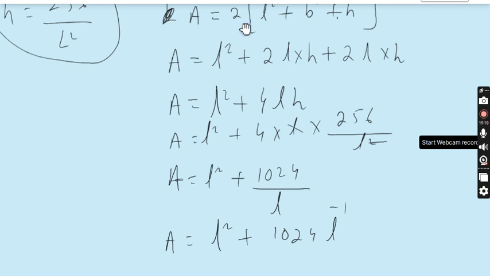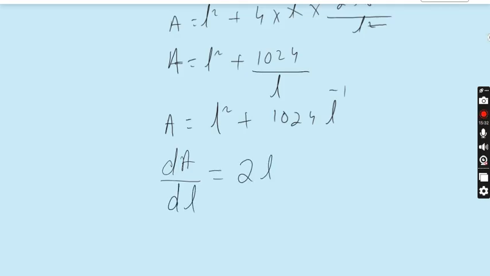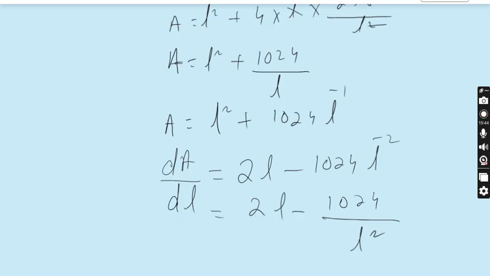Now according to the question, the area is as small as possible, means we have to find the derivative, that is dA by dL, which is 2L minus 1024 L to the power minus 2, minus 1 is minus 2, 2L minus 1024 upon L square.